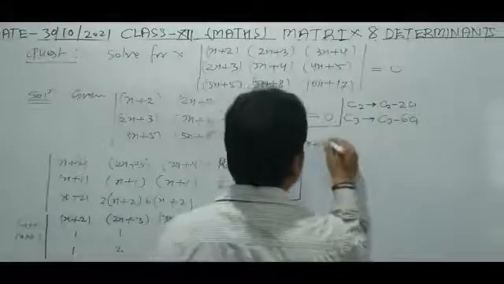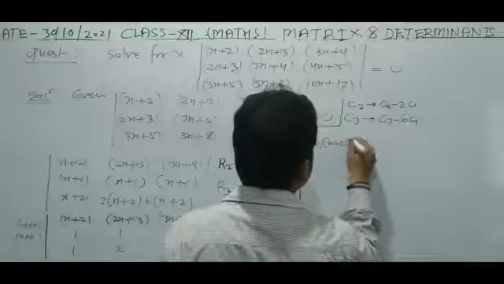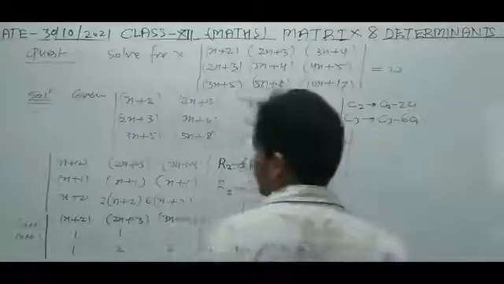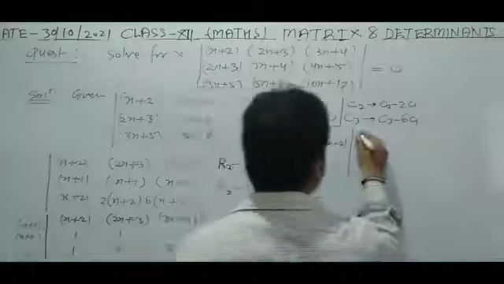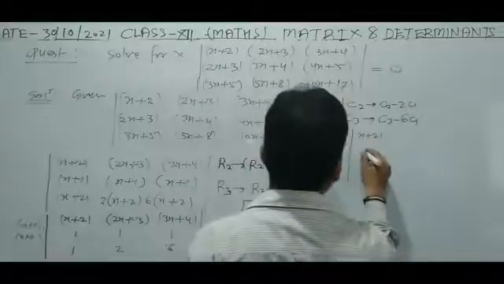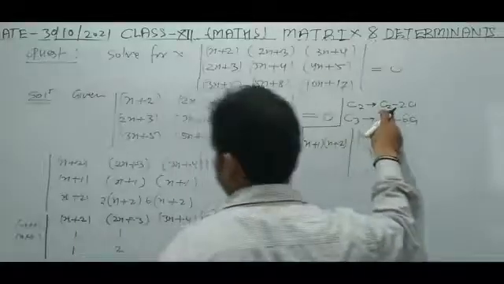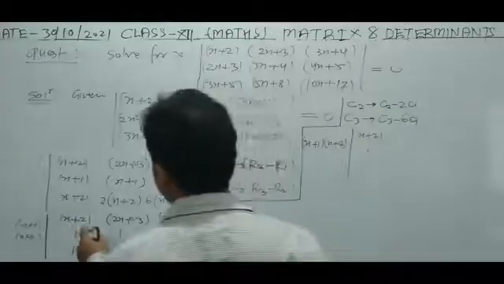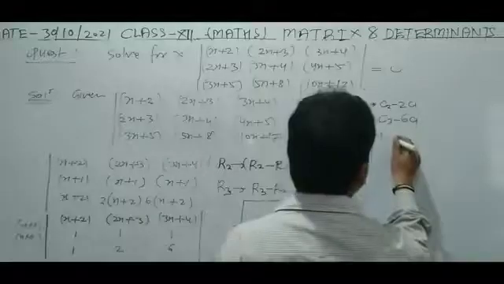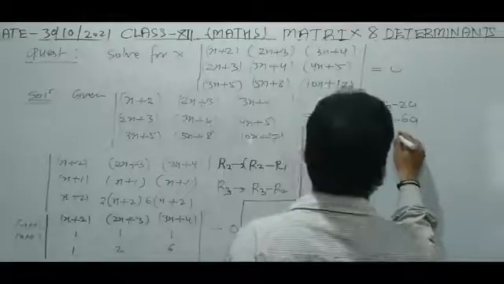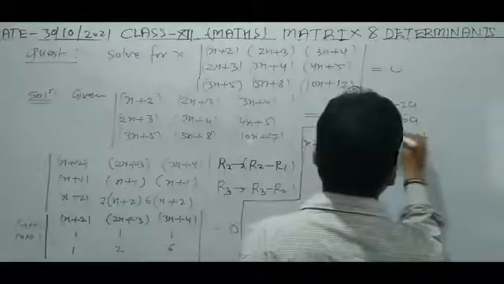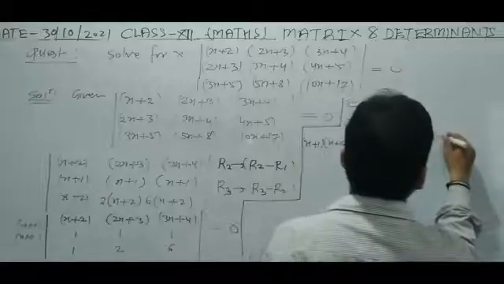x plus 1, x plus 2 in the determinant. C1 is copied here: x plus 2, 1, 1. C2 tends to C2 minus 2 times C1; 2 times C1 means this will be 4, and this minus this result will be minus 1. So this is 2x plus 3, which will be the same, and this is 3x plus 4.